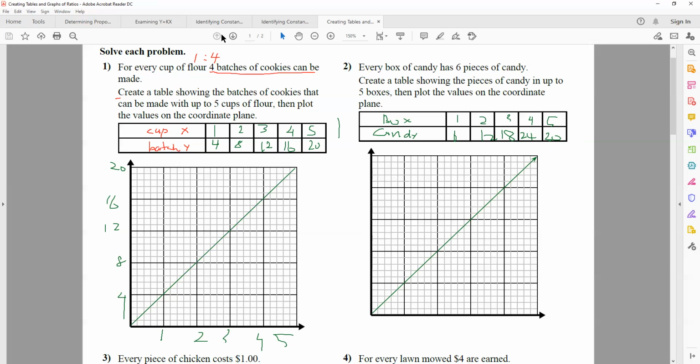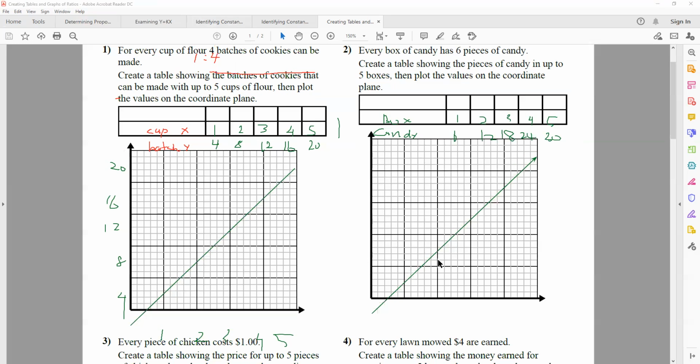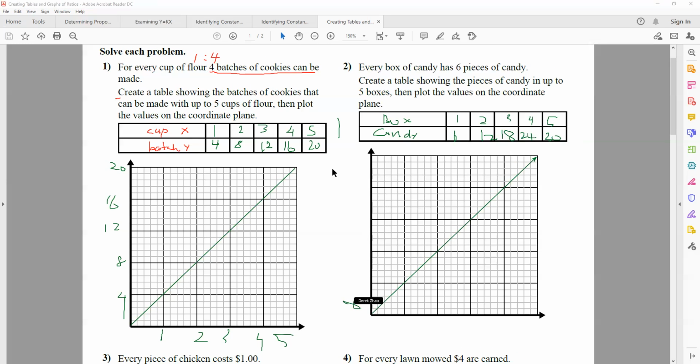Okay, let's check the answer. Go ahead and finish writing the scale. Okay, so let's check this part.